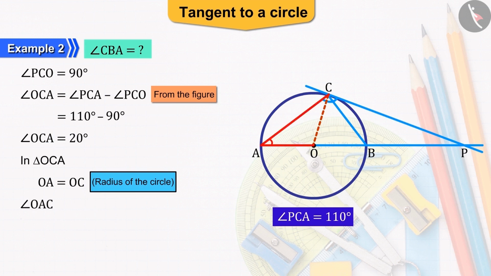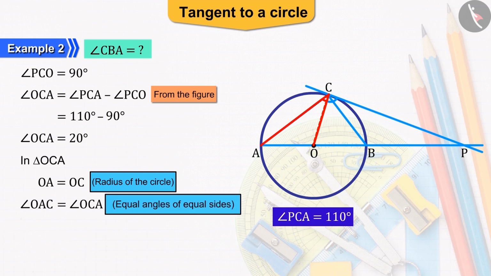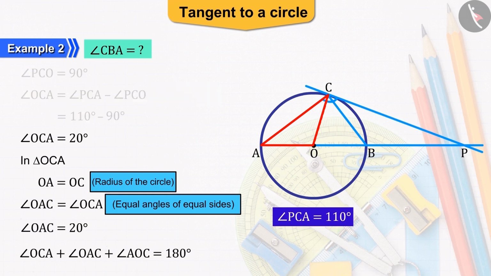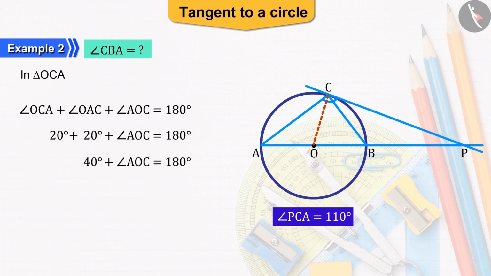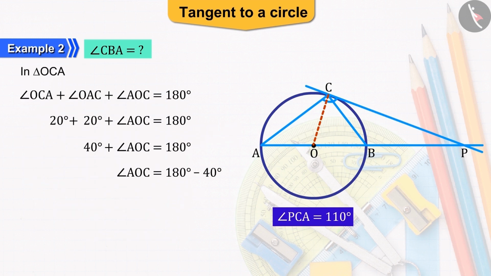So, angle OAC and angle OCA will also be equal. We know that the sum of the three angles of a triangle is 180 degrees. Which gives us the angle AOC equal to 140 degrees.